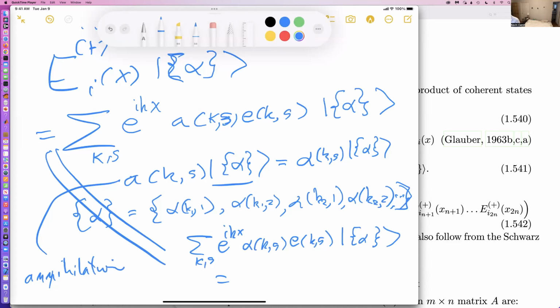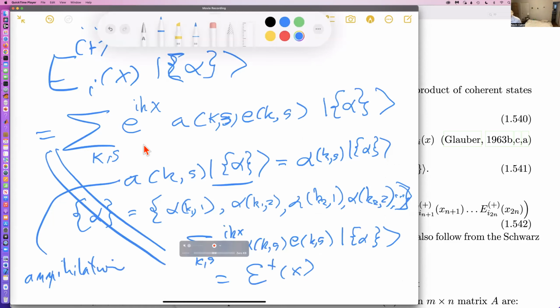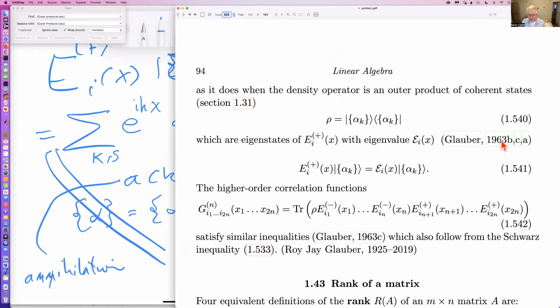And so this is what we call E plus of x. And then you see we have this extra index I. Well, this index I is the polarization index here. And so that's how all of this works.